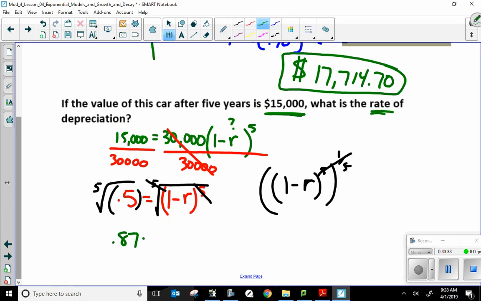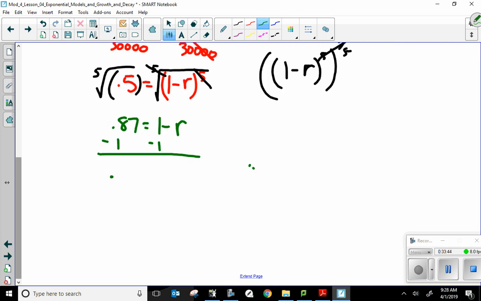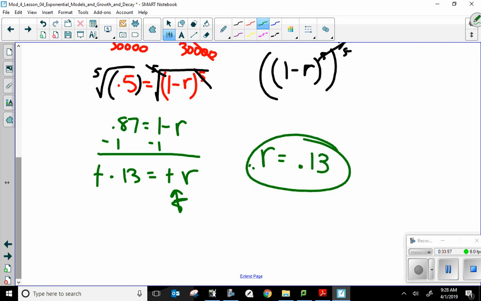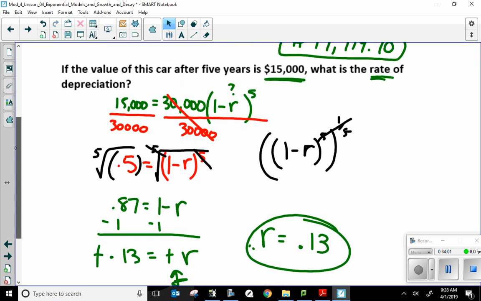Okay, so we got 0.87 equals 1 minus R. Okay, if I subtract 1 from both sides, I get negative 0.13 equals negative R. But our rate, we want it to be positive, right? So if I make this positive, make this positive. We'll say my rate would depreciate at roughly 0.13 in order to make that car worth $15,000 after 5 years.